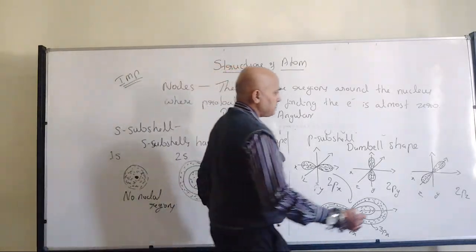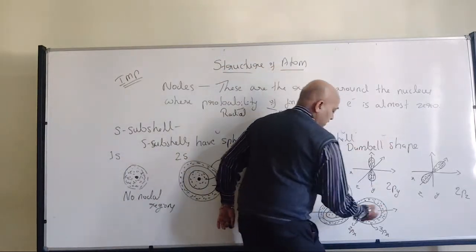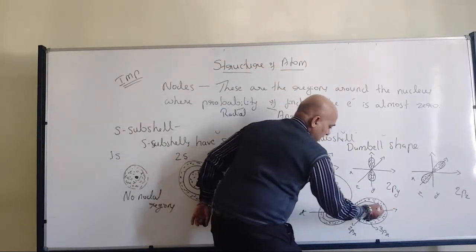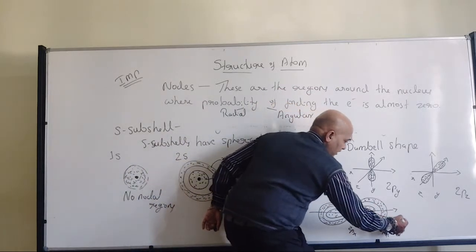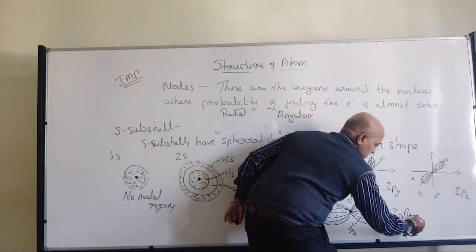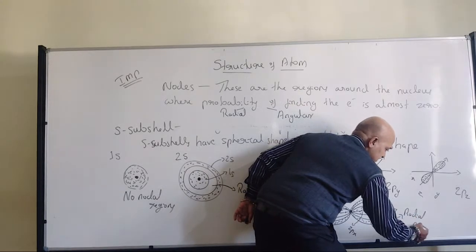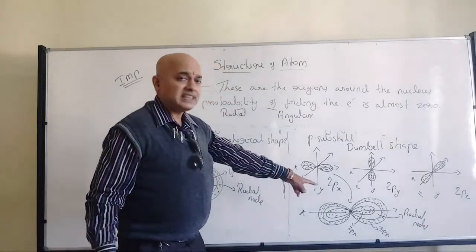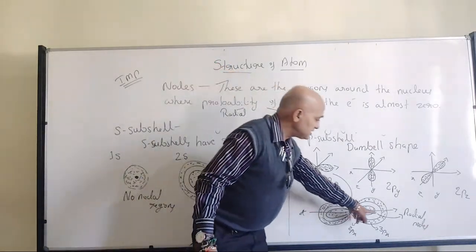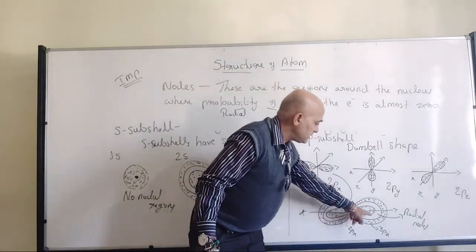Now when I am coming to 3px, I can see one of the radial nodes here. Okay, so this is the one radial node.